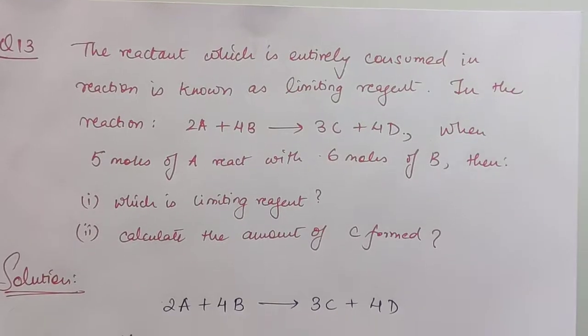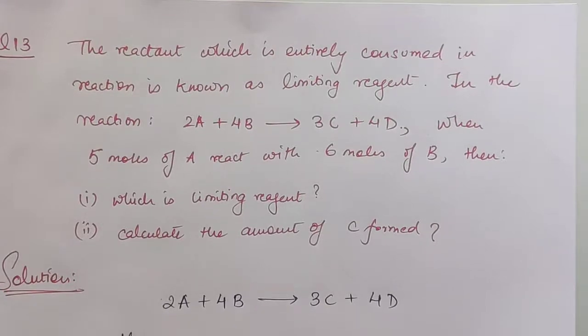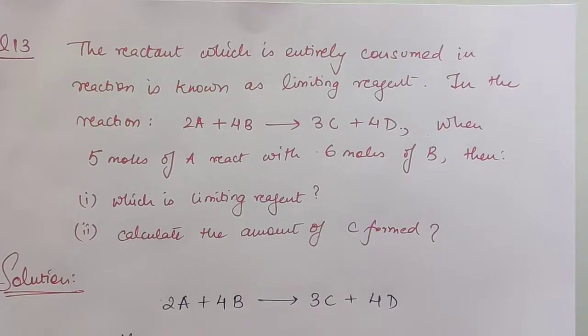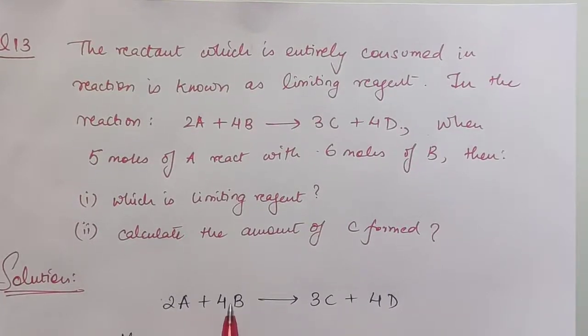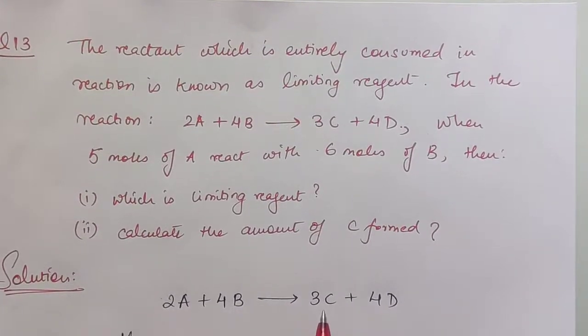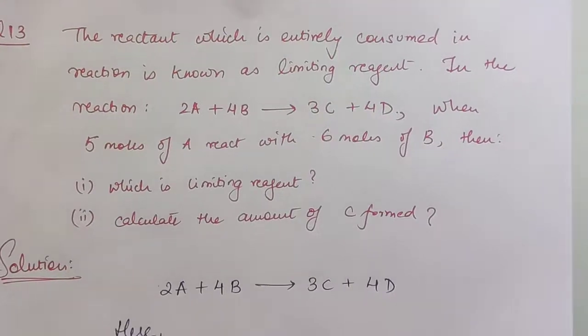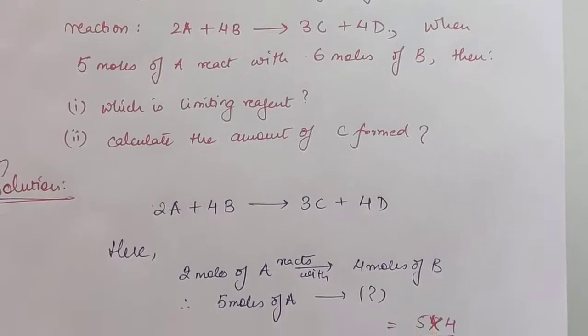In the solution, 2A plus 4B gives 3C plus 4D. This has already been given to us, right? So what we can say is that 2 moles or kgs of A always react with 4 moles or kgs of B to produce 3 moles or kgs of C. Remember? So over here we use that same unitary method again.